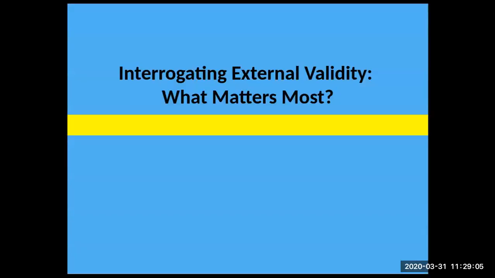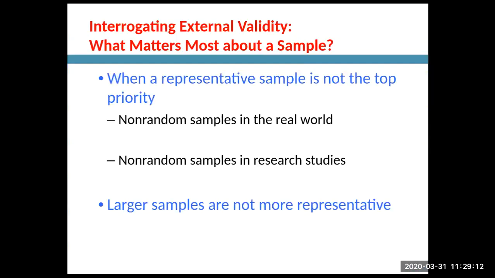So finally, looking at external validity and asking the question, what matters most? Well, we know that external validity is the top priority in a frequency claim, but sometimes the top priority may not be a representative sample, because in the real world, we don't always have that luxury.